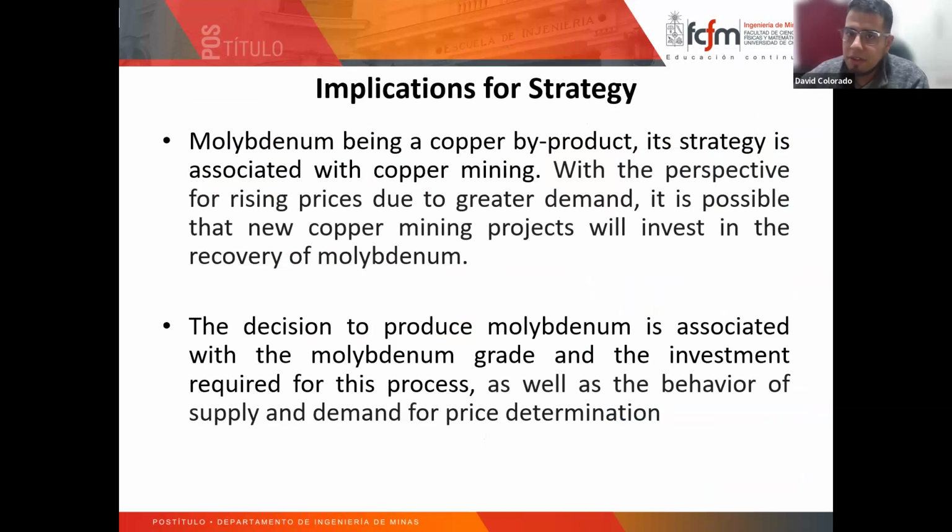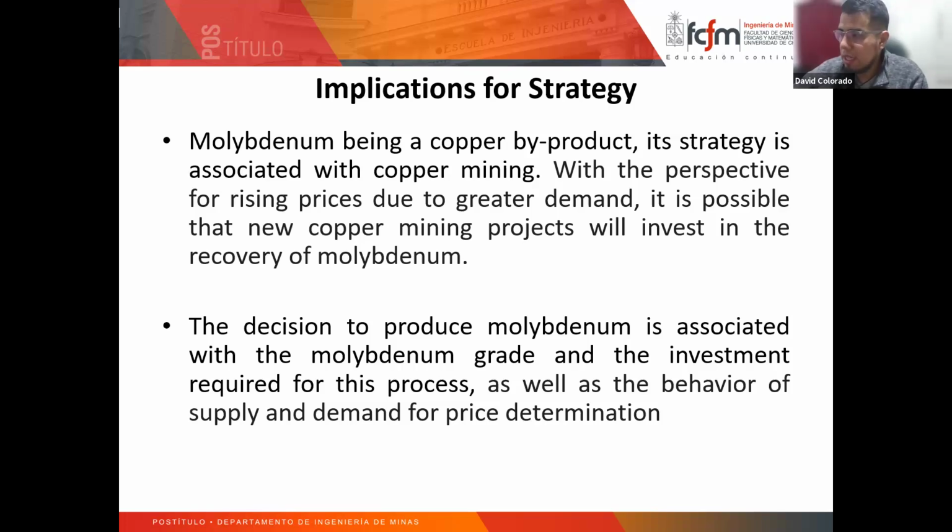Okay, implications for strategy. Molybdenum being a copper byproduct, its strategy is associated with copper mining, with a perspective of rising prices. Due to greater demand, it is possible that new copper mining projects will invest in the recovery of molybdenum.